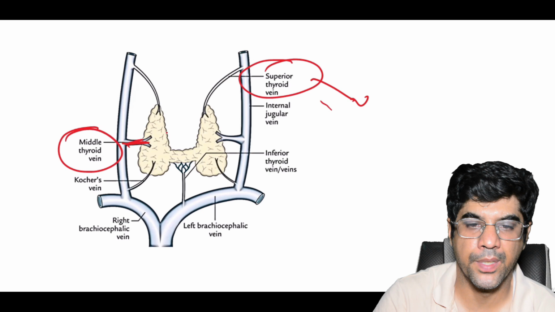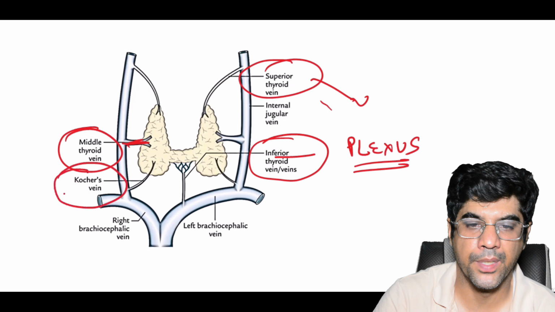It drains the lateral part of the thyroid and also drains into the internal jugular vein. Whereas the inferior thyroid vein, remember, it forms a plexus of veins rather than a single vein and drains the lower part of the thyroid gland.